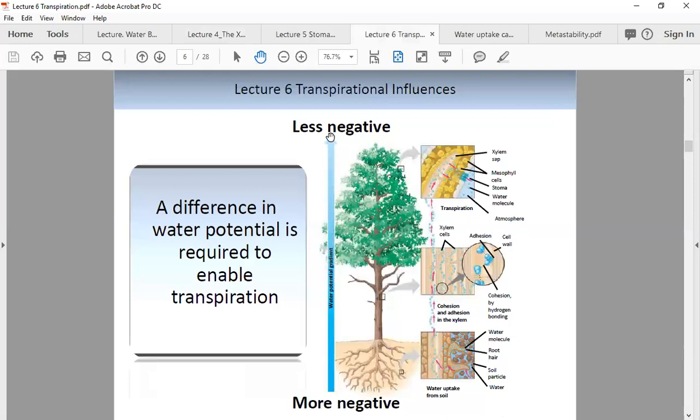Low water potential, which would be up here in the atmosphere, for example, means that it's a more negative number than what we have down here. So an example, give me a number, just any number that may approximate water potential in the soil.